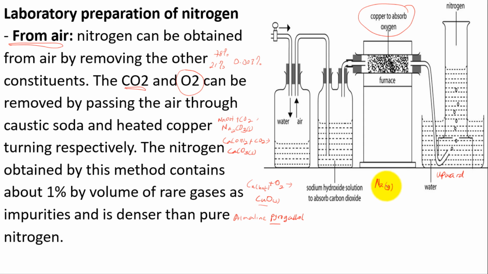Therefore, basically, we can easily pass it through and see the bubbles coming out, passing over water because it's not extremely soluble in water. Therefore, this particular nitrogen here is very pure, taking about just 1% of rare gases as impurities.